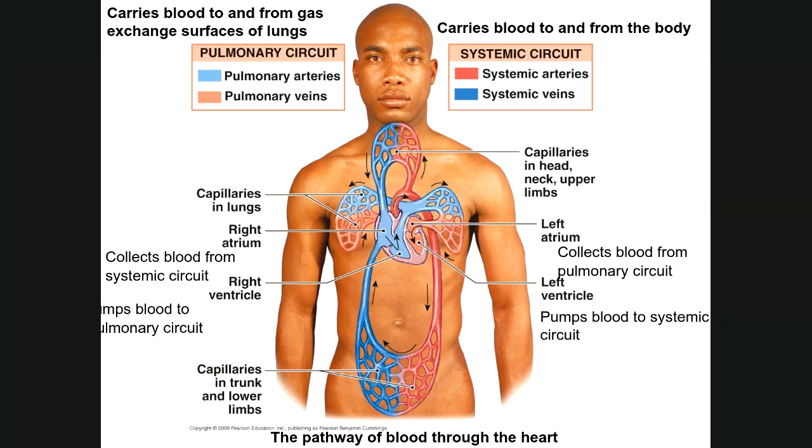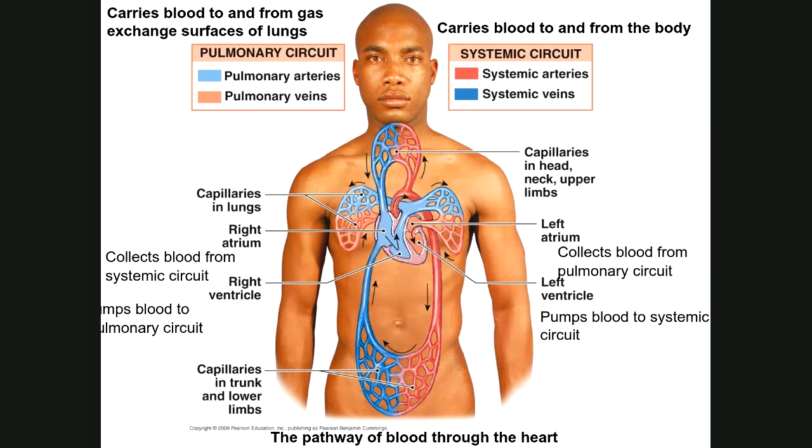And the pathway of the blood through the heart is two major circuits: the pulmonary circuit that carries the blood to and from the lung, and the systemic circuit that carries the blood away from the heart to the rest of the body. Whatever is blue is very poor in oxygen, and red is very rich in oxygen.